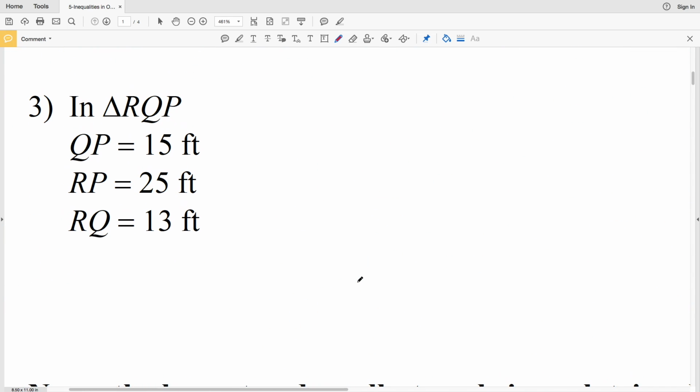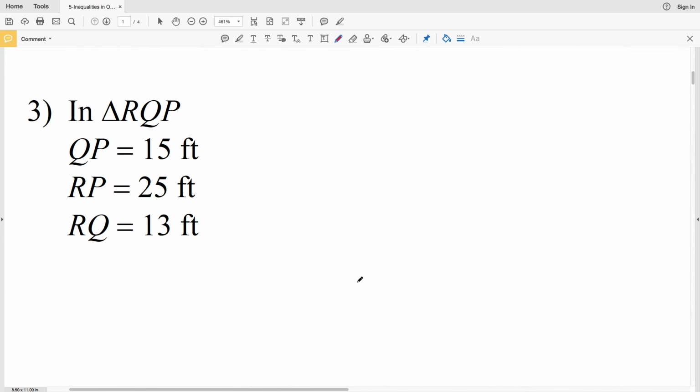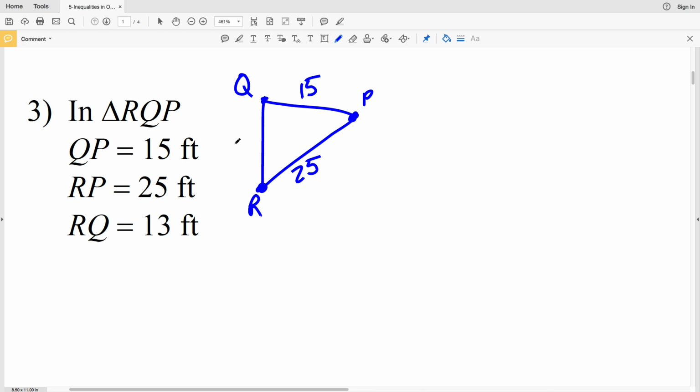And number 3, it doesn't give us the picture, it just gives us the lengths of the sides. So we have QP, which is 15 feet. So let's say here's Q, drawing a line, here's P. That is 15 feet. Then we have R to P is 25 feet. And then from R to Q is 13.